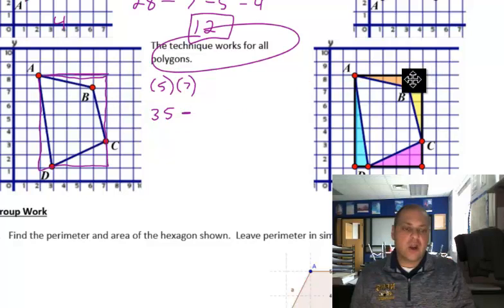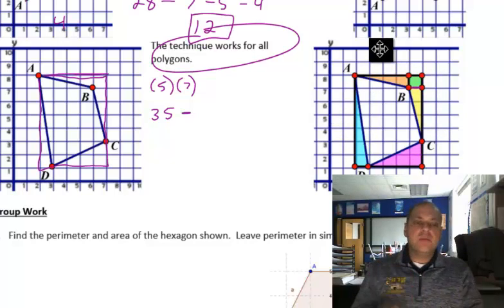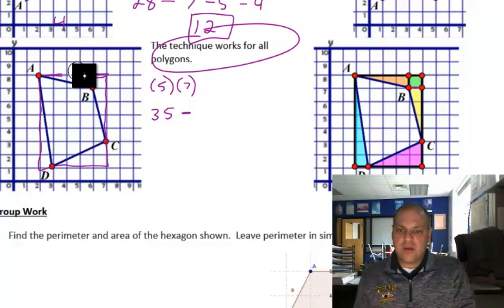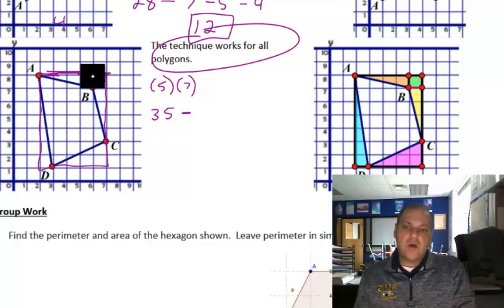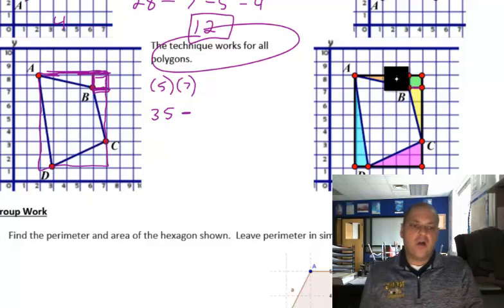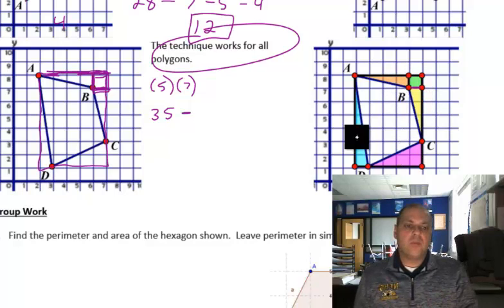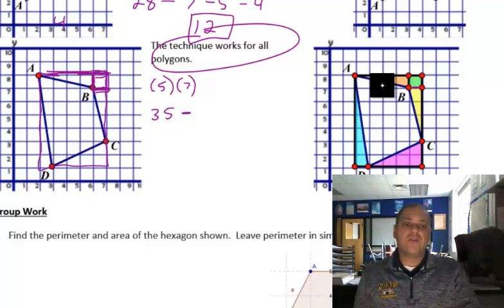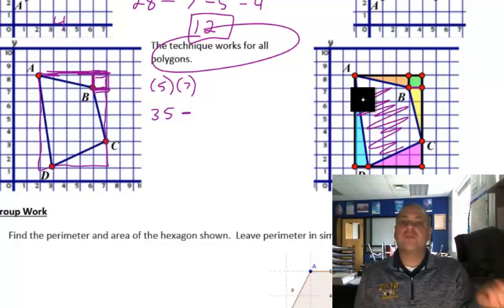So now what I did here is I made 1, 2, 3, 4, 5 things that I've got to take away, because if you look here, it's kind of weird shaped. Like, what's this white area here? Well, it's a triangle here, and then a triangle here, and then a little square here. So if I just find all these areas, orange, green, yellow, purple, blue, and subtract all those, I'll be left with this area, which is what I want.